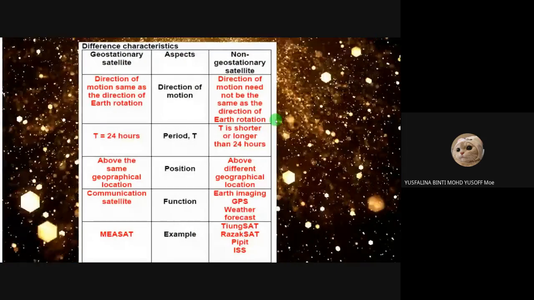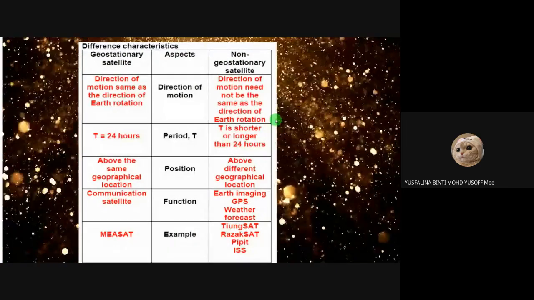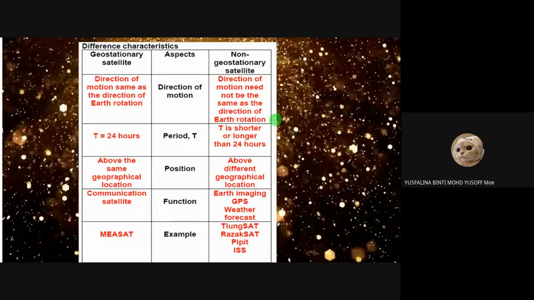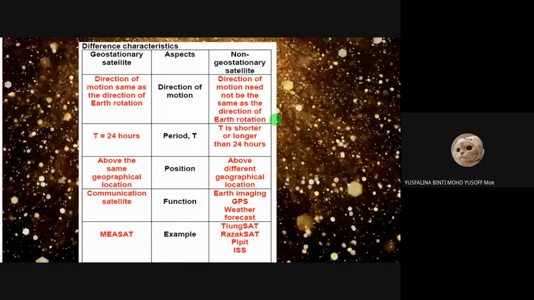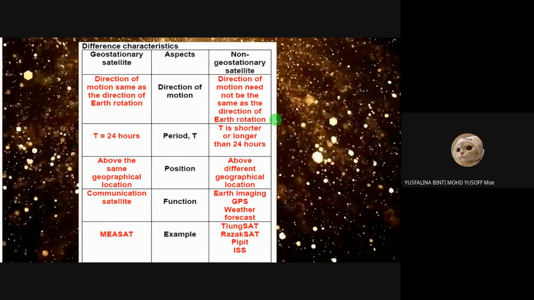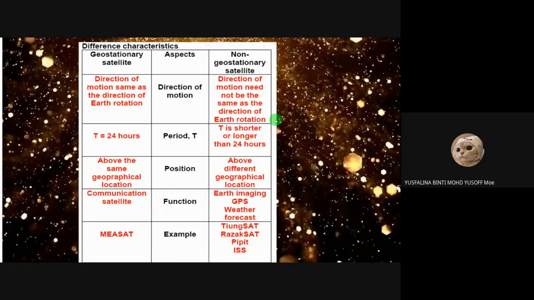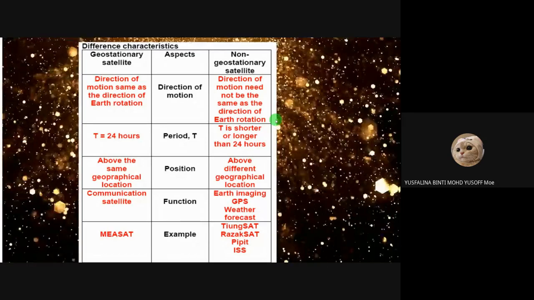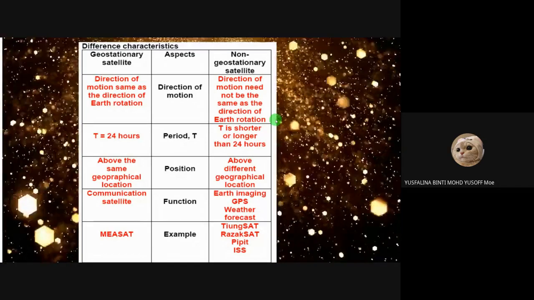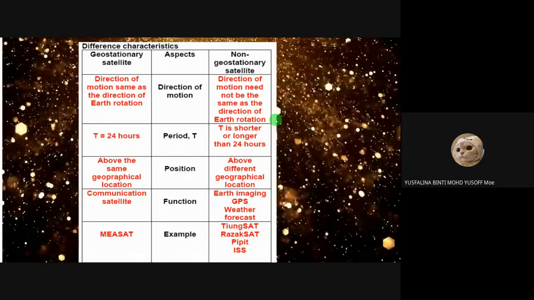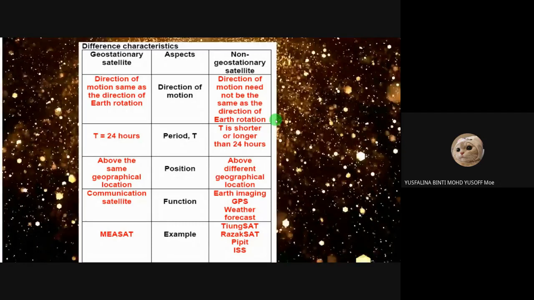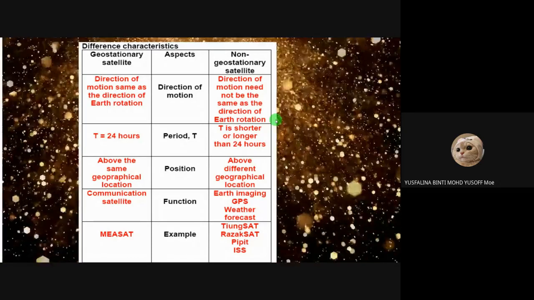First we see the direction of motion. For the geostationary satellite, as I told you before, let's say the Earth rotates on its axis clockwise. The geostationary satellite will also follow clockwise. For the non-geostationary satellite, it doesn't need to be the same direction as the rotation of the Earth.